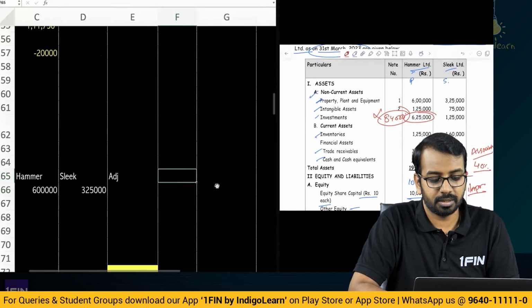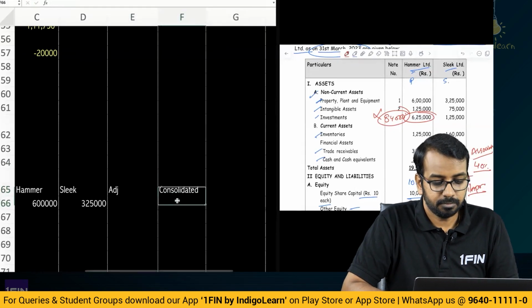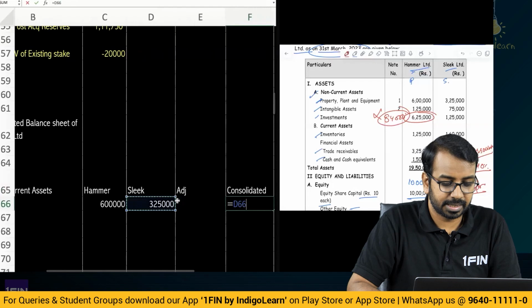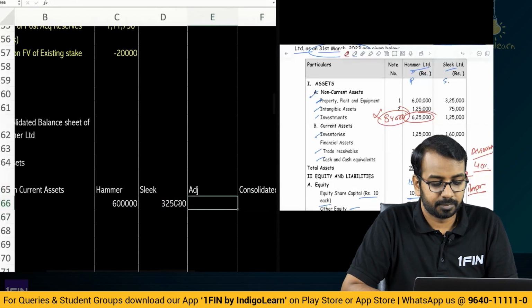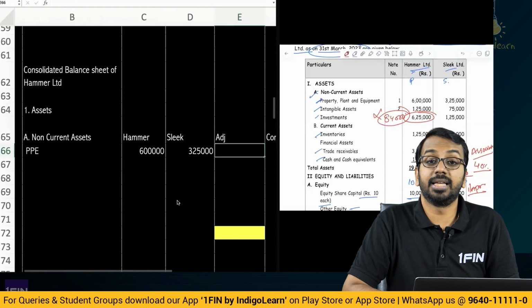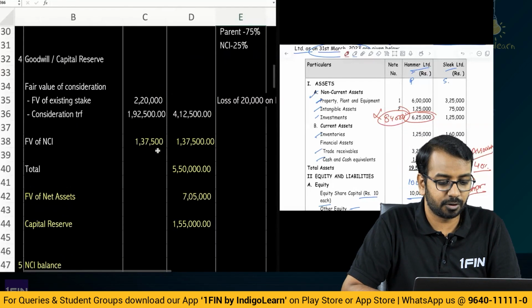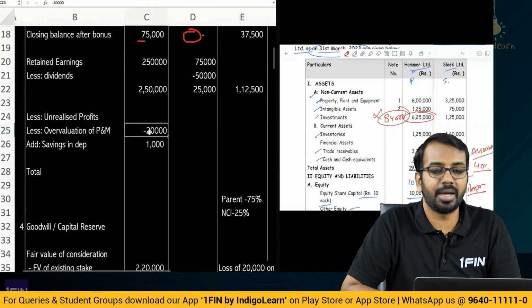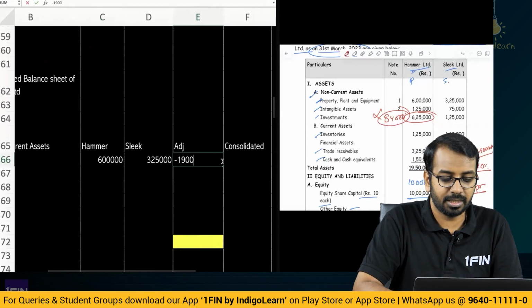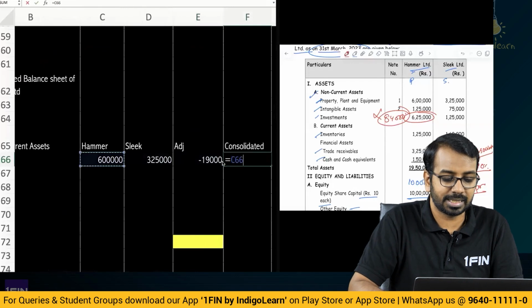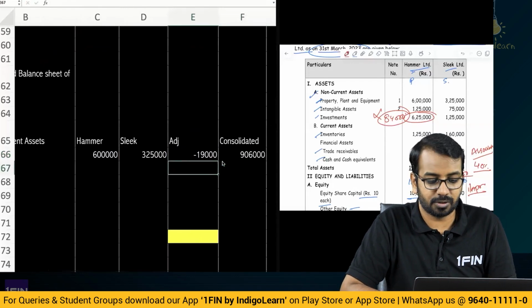If there are any adjustments, then consolidated: 6 lakhs plus 3,25,000. Is there any adjustment? Yes, there was a revaluation of property, plant and equipment. So if you come to this adjustment, 20,000 minus 1,000, 19,000 you have to reduce. So the consolidated number is 6 lakh plus 3,25,000 minus 19,000, which is 9,06,000.